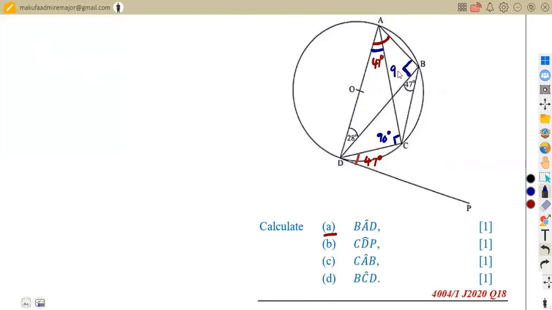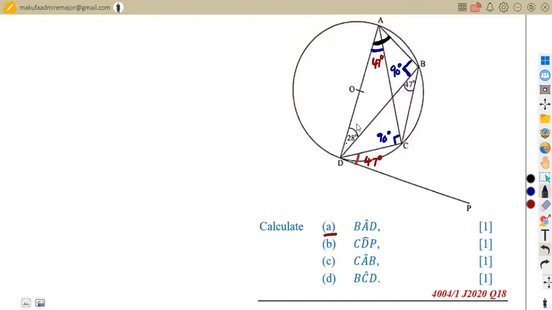If the angle at B is 90 degrees, then we can calculate the whole of this angle at A, which is the one we are asked to calculate. We can subtract the 28, the 90, and the 47 from 180, or simply the 90 and the 28, so that we take your angles from 180.